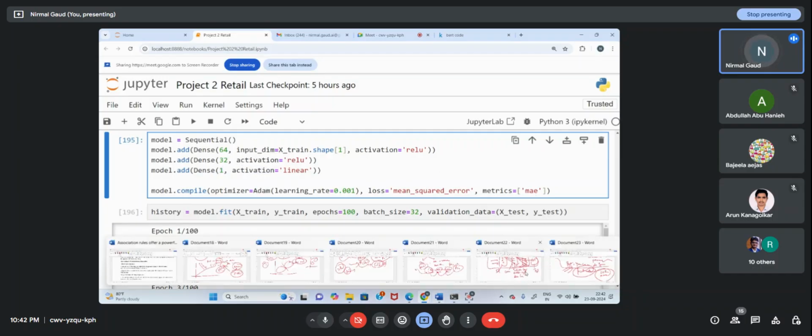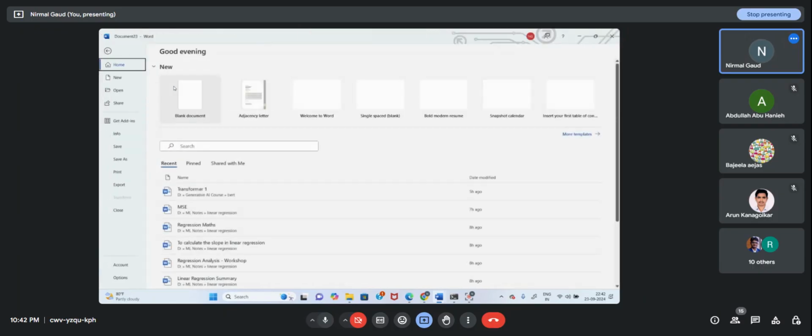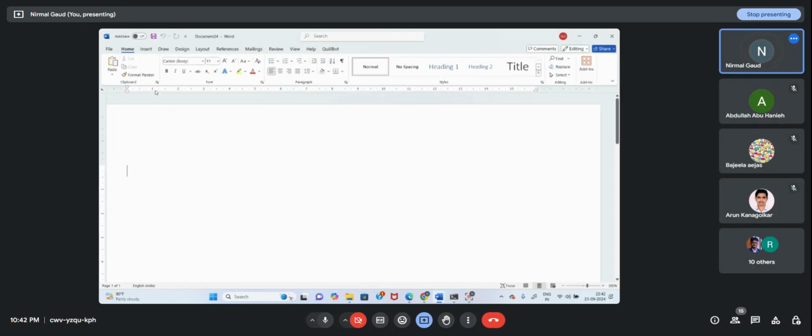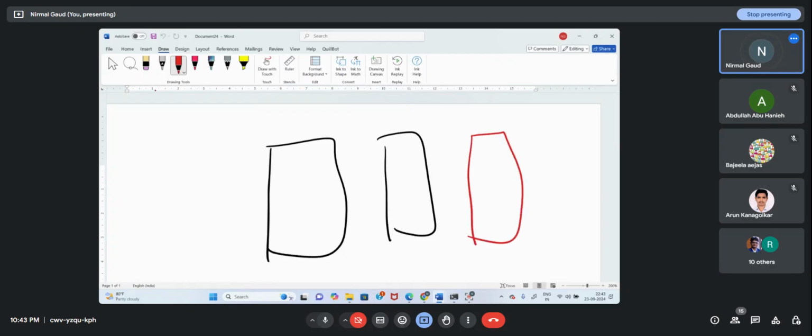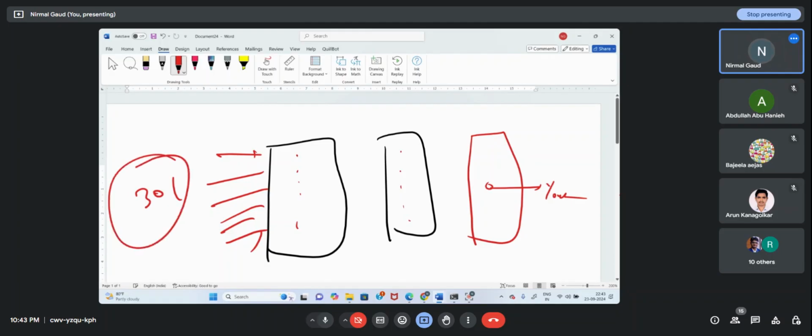So my architecture is like this: 64 neurons, 32 neurons, 1 neuron. Why did I take one? Because this is linear regression, I am going to get one output. Rest all are inputs.